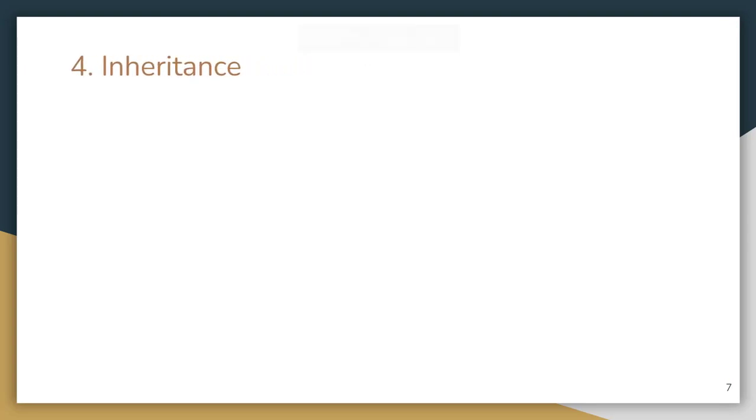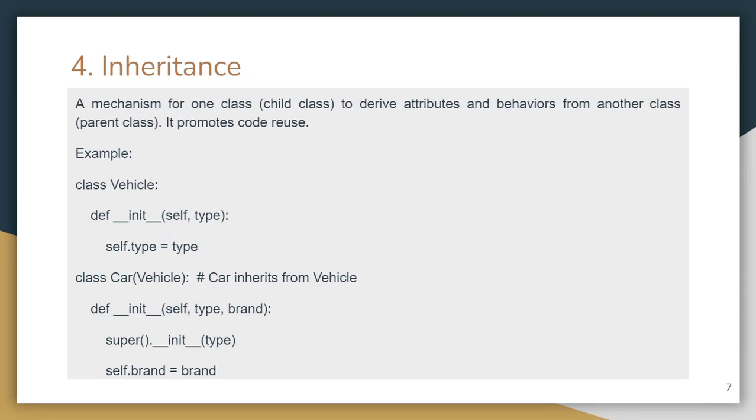Next in object oriented programming, the feature is inheritance. Inheritance is a mechanism for one class, that is the child class, often called the derived class, to derive attributes and behavior from another class. Attribute means variable and behavior means function or method. The other class is called the parent class or base class.